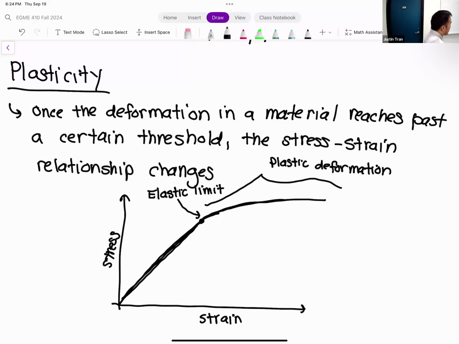All right. So what are the characteristics of plastic deformation? Well, first of all, the stress-strain relationship starts to flatten, right? Once you exceed that elastic limit, as you apply more stress, it's actually going to cause the strain to accelerate, okay?